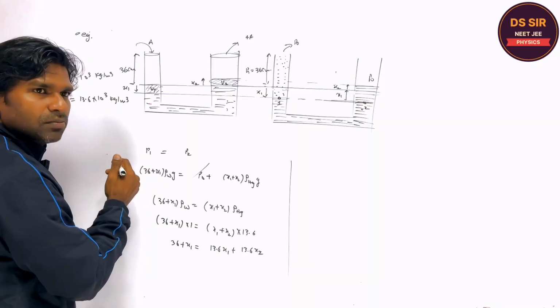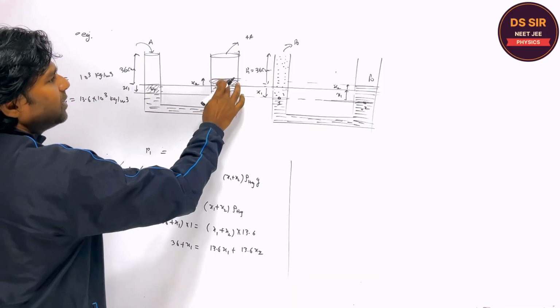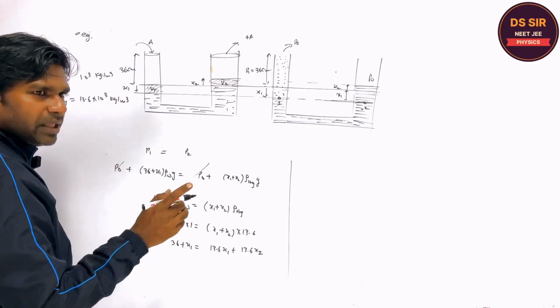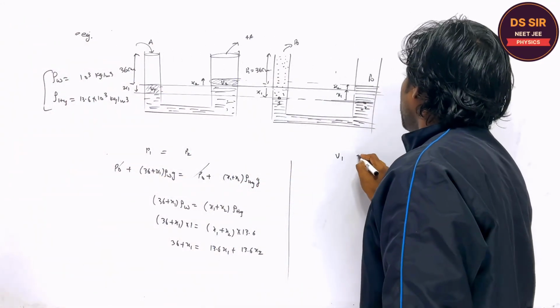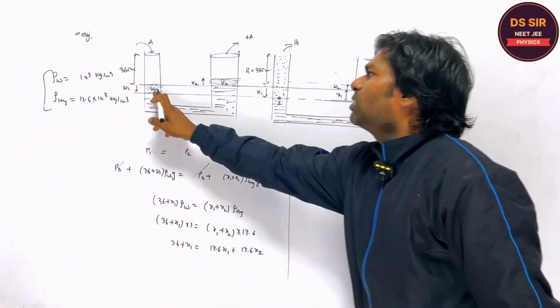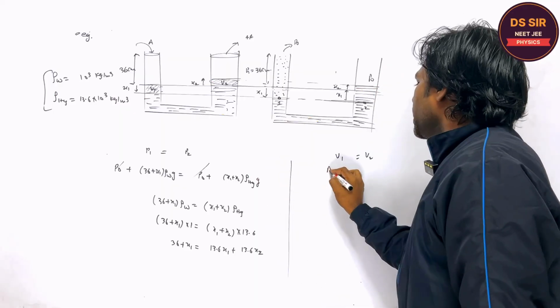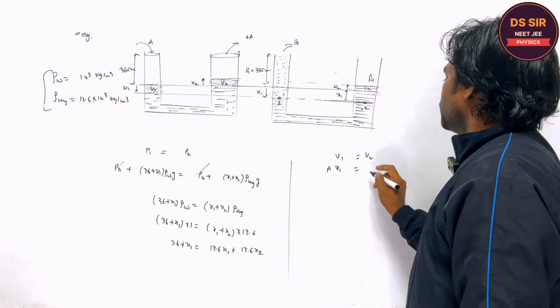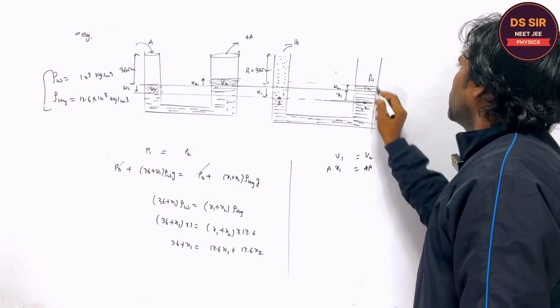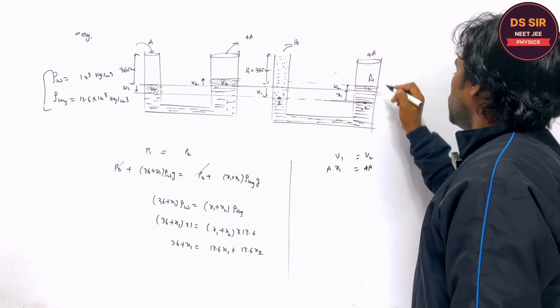The fall in the volume in the left arm and the rise in the volume in the right arm are the same, because the volume V1 and V2 is conserved. So what is the volume? Volume is A into x1. What is volume V2? This is 4A into x2.